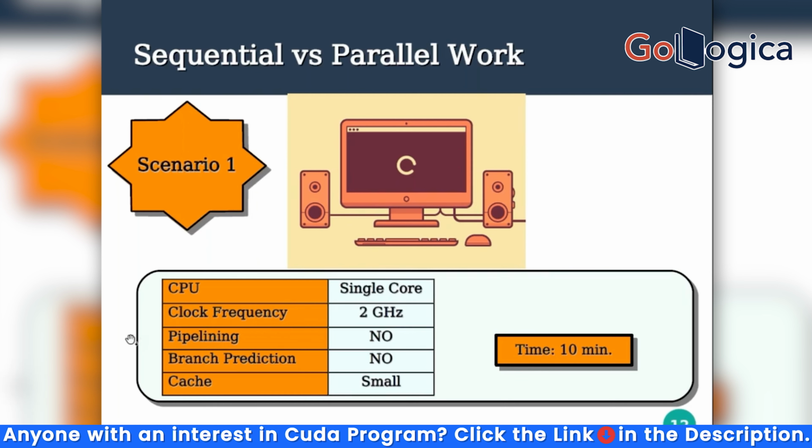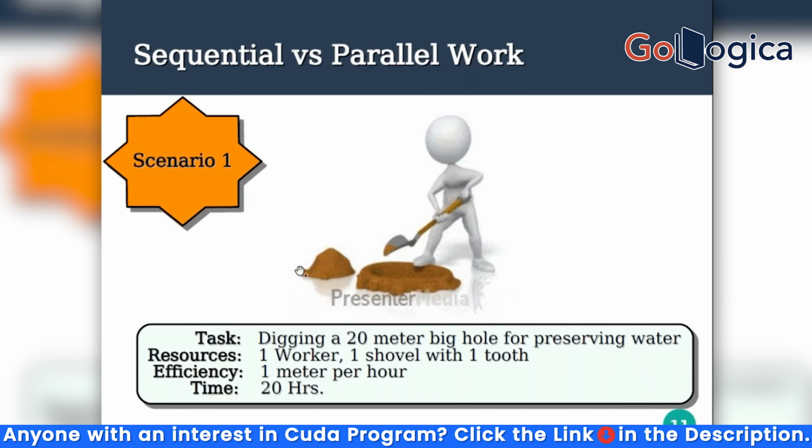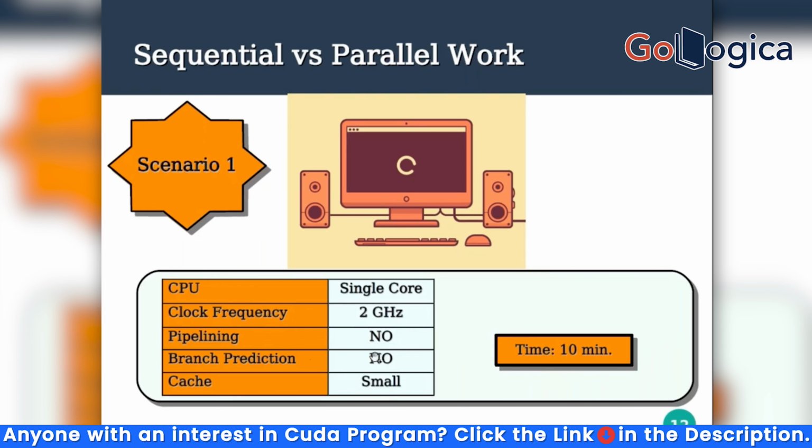Other parameters also affect the performance of your system: pipelining, branch prediction, and cache. To relate to the real life scenario where we have limited resources and low efficiency, I tune these parameters accordingly.